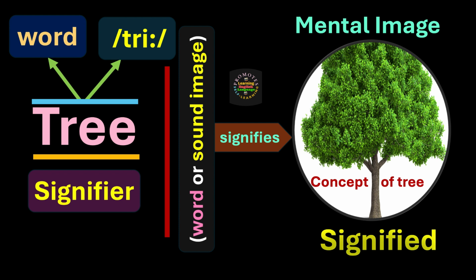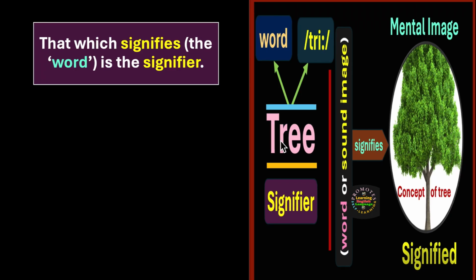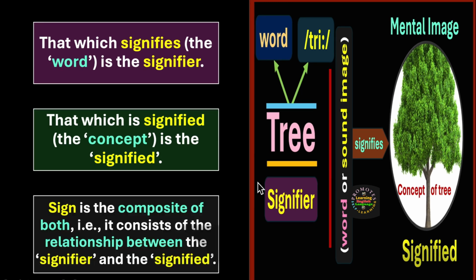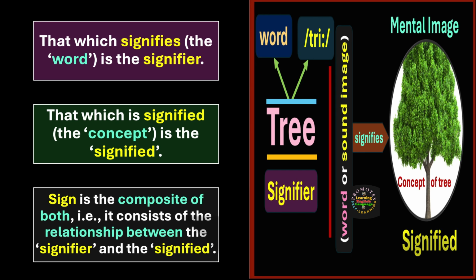So keeping this in view, what we come to know is that which signifies, the word, is the signifier. That which is signified, the concept, is the signified, and the sign is the composite of both. That is, it consists of the relationship between the signifier and the signified.